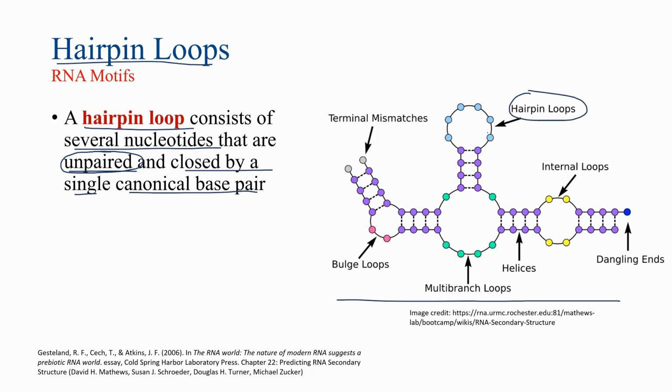You can see that all the nucleotides that form this loop are unpaired, meaning you don't have a base pair here, for example, between those two bases or those two bases. And importantly, as part of the hairpin loop, this loop is closed off by a canonical base pair. This is the canonical base pair that will close off this hairpin loop.